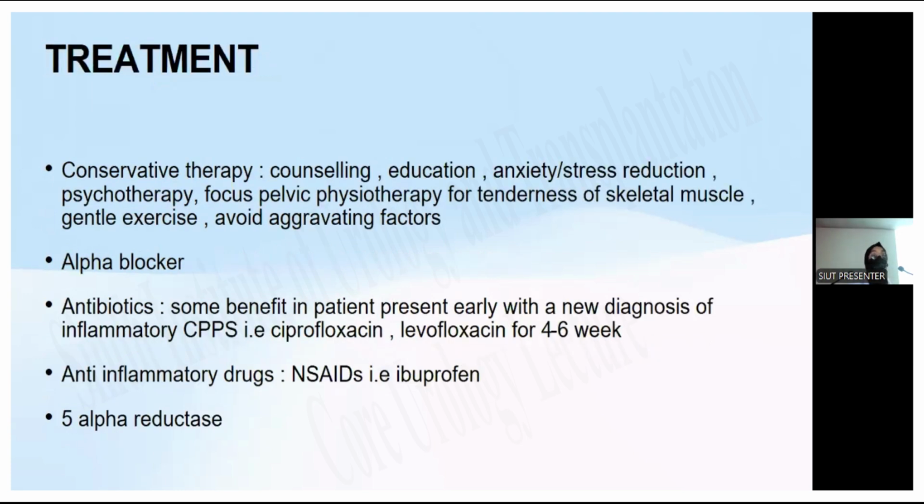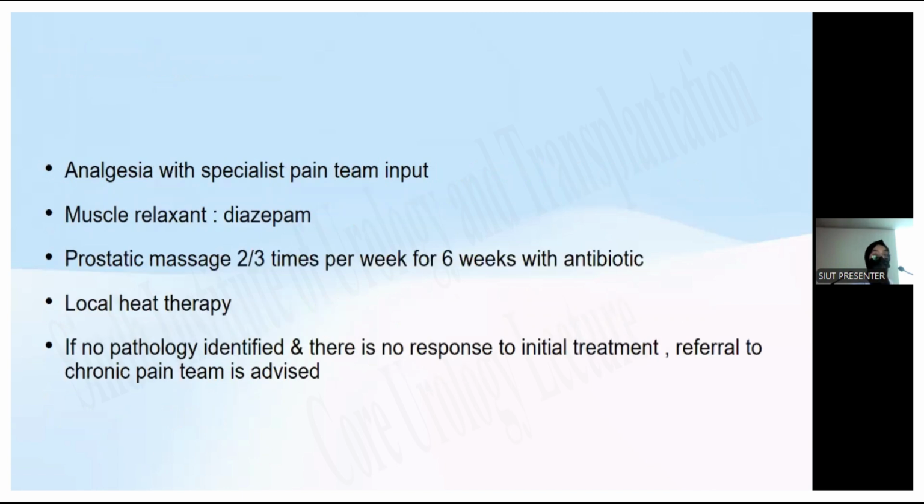The treatment, as we discussed, mainly involves conservative therapy, as Dr. Kaleem discussed with us, that it is mainly the lifestyle and behavioral modifications, psychotherapy, and pelvic floor physiotherapy. All of these provide a significant improvement to the quality of life in such patients. Then we can also consider symptomatic treatment, such as antibiotics in cases of proven infection, anti-inflammatory drugs such as NSAIDs, and pain management with analgesia and muscle relaxants.